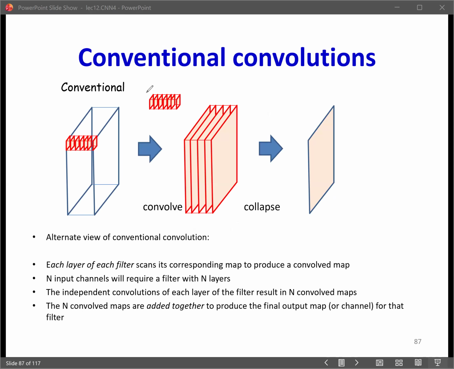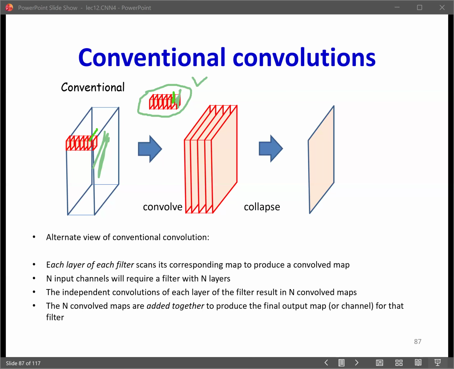Now think of this. In your standard convolution, if I have a filter of this kind, the filter has as many channels as the number of input channels. Yes or no? Right? What do you guys think? Okay. So what really happens? One way of thinking about it is that the first channel of the filter convolves the first channel of the input. The second channel of the filter convolves the second channel of the input, right?